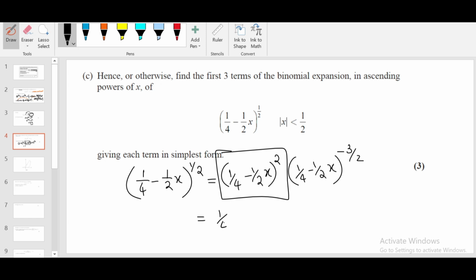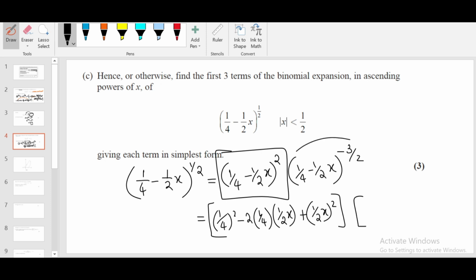A square minus 2ab, b is half x, plus b square, times, take the binomial expansion from part A, which is 8 plus 24x plus 60x square. You don't need the fourth term, they want only the first 3 terms actually. And then just open the bracket, you will get the answer.